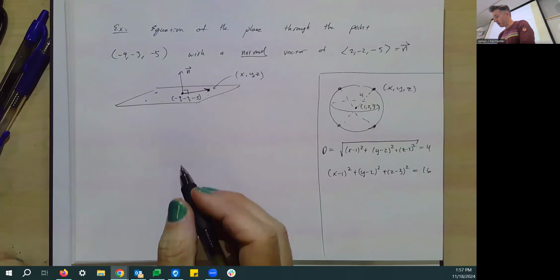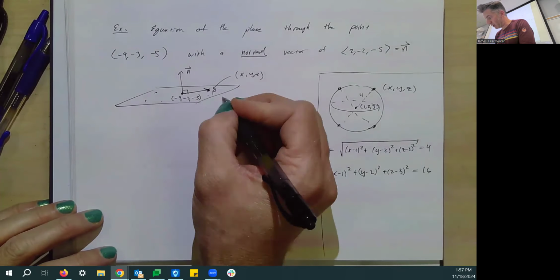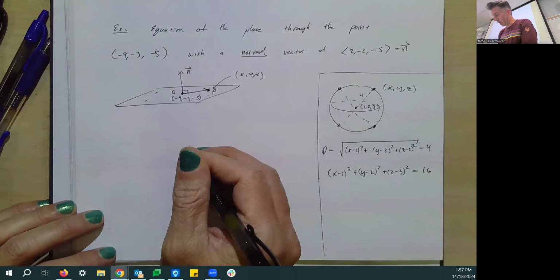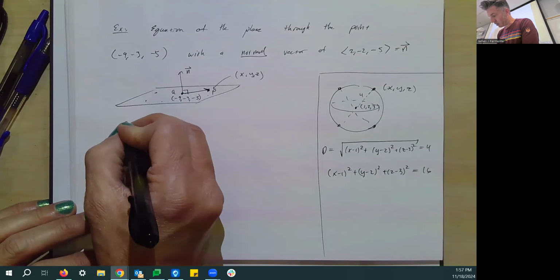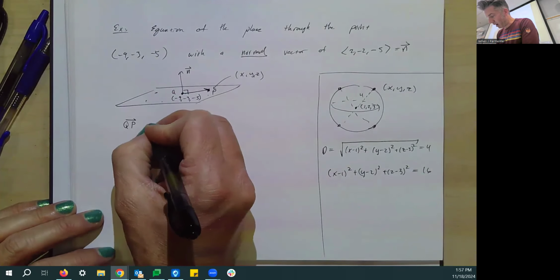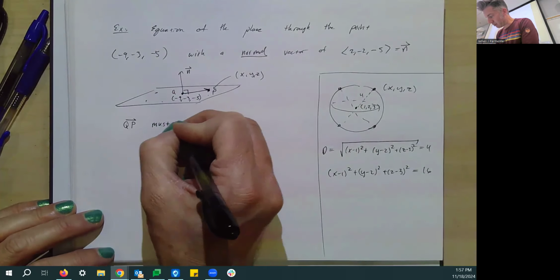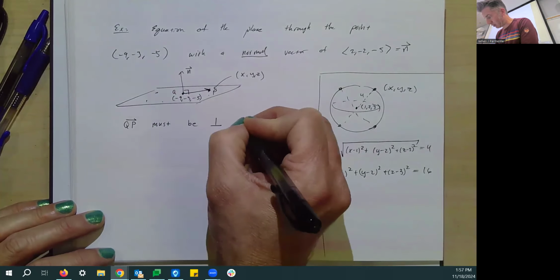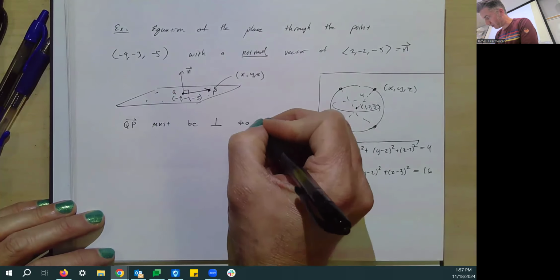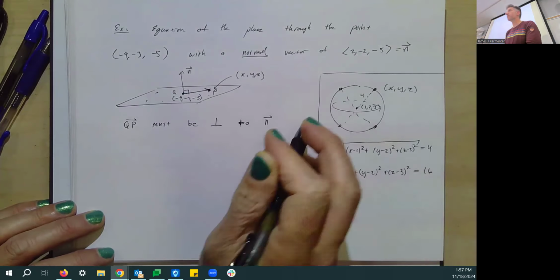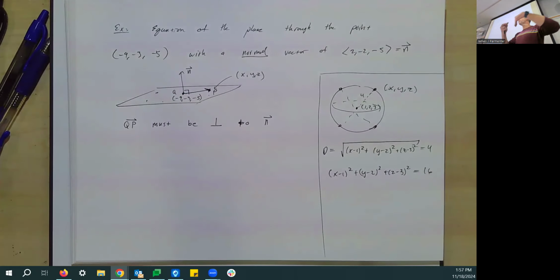So I want to point out that I'm going to call this point P and this point Q, and I'm going to say that the vector QP must be perpendicular to our normal vector. And that is true no matter what point I picked in the plane.